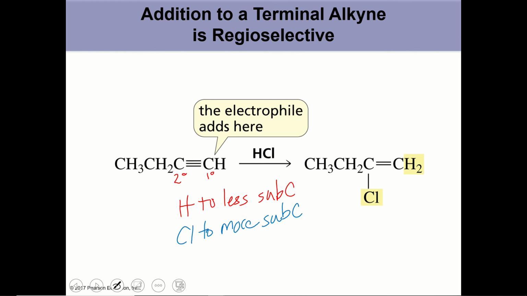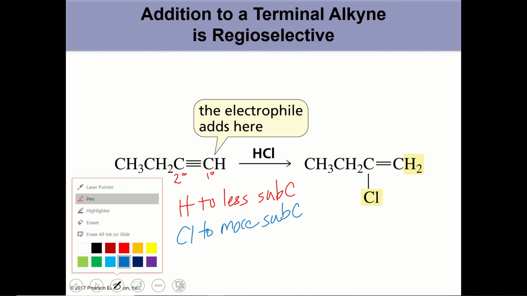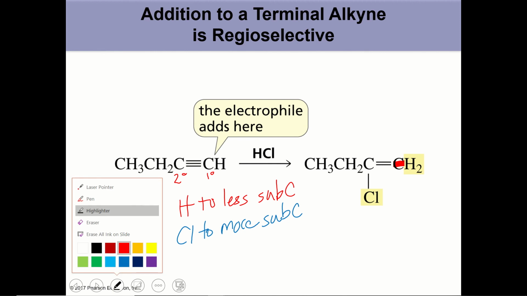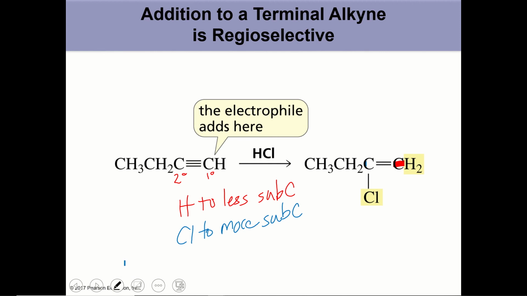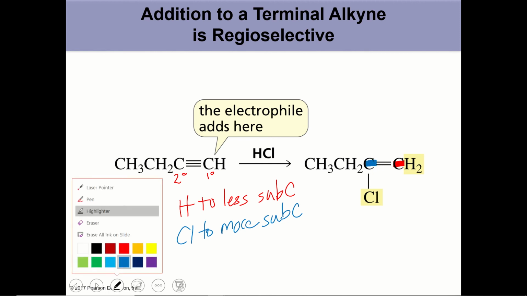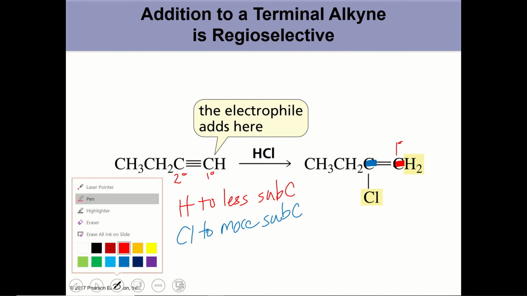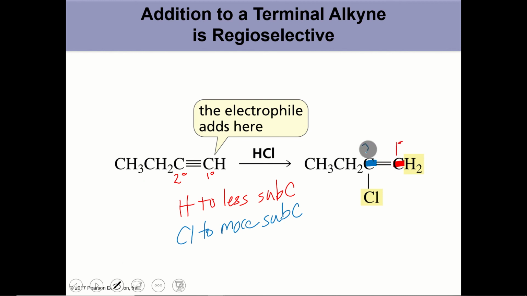So that means that we're going to end up with hydrogen at the red carbon, which is only primary, and chlorine at the blue carbon that is secondary. So we have a primary carbon and a secondary carbon.